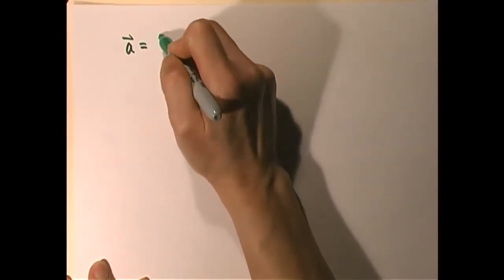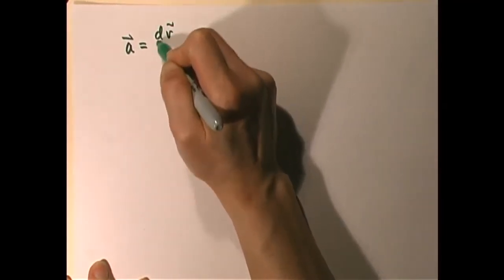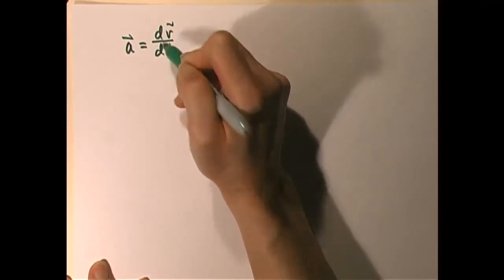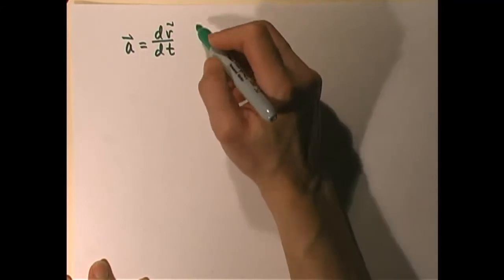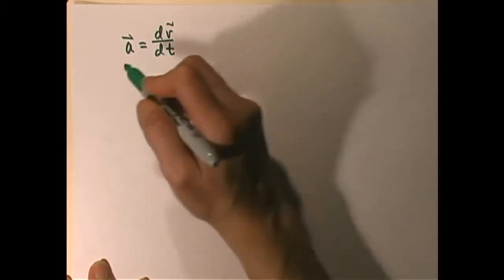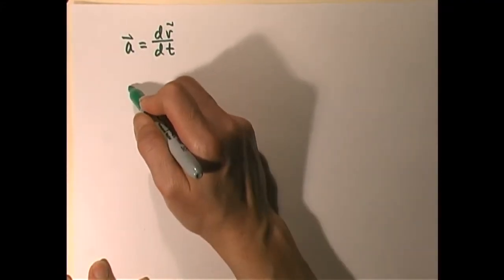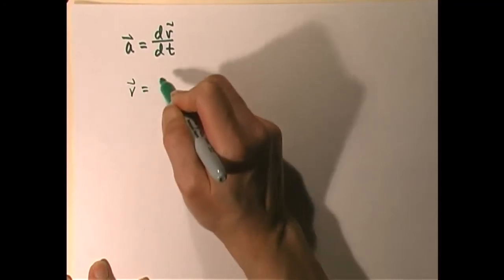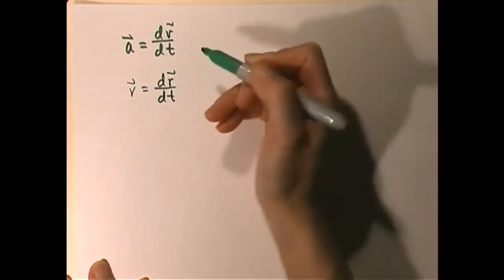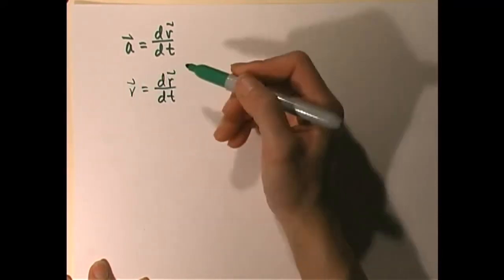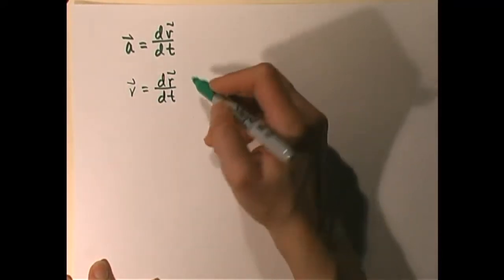Instantaneous acceleration is defined as dv/dt. Now it has a meaning of three-dimensional v, three-dimensional a. If we go back to define v, it's dr/dt. That's the three-dimensional change of position over time. That gives us v.